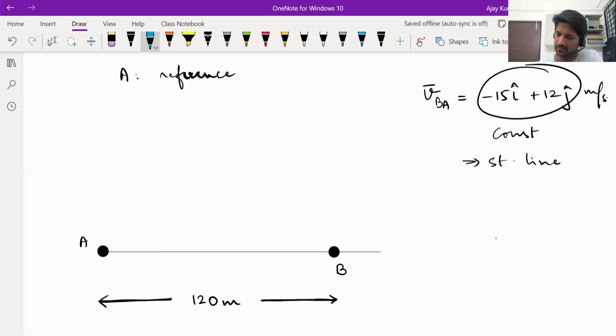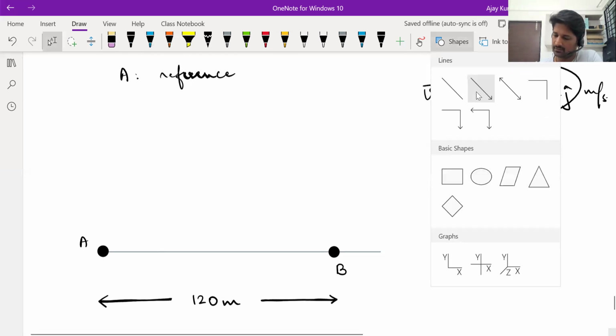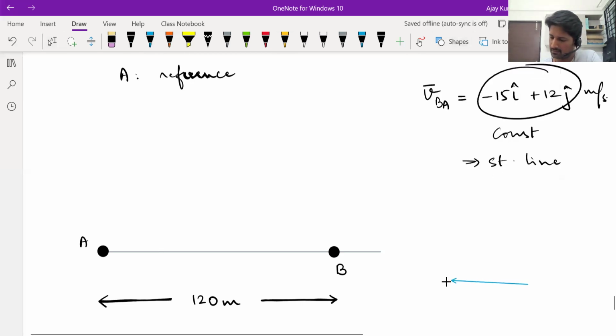Minus 15 i cap will be this way, plus 12 j cap will be like this. 15, 12, 12 has to be slightly shorter. Okay, so minus 15 i cap plus 12 j cap.